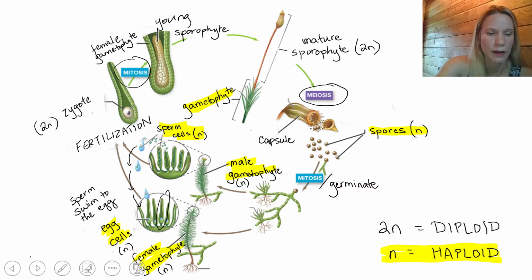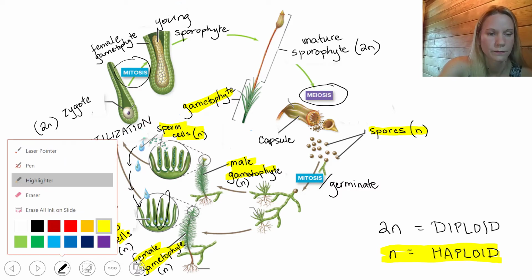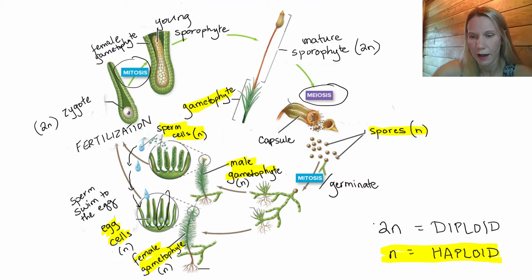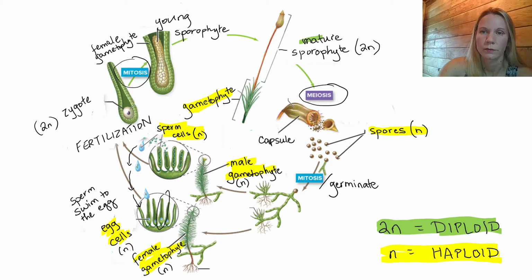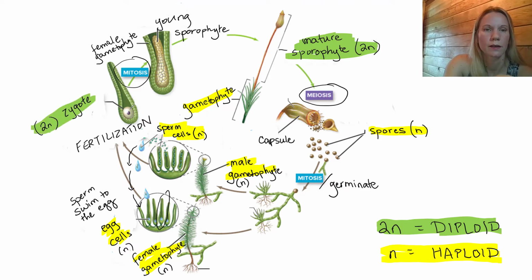Okay, I'm going to use my green highlighter for highlighting diploid. So sporophytes are always diploid, zygote diploid.